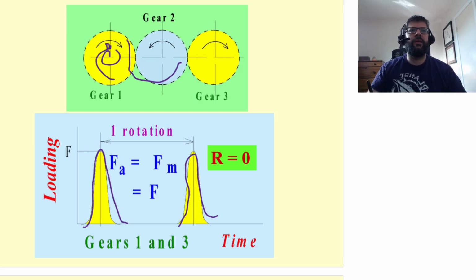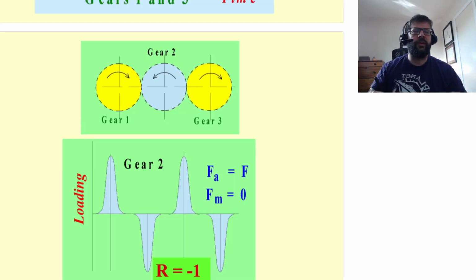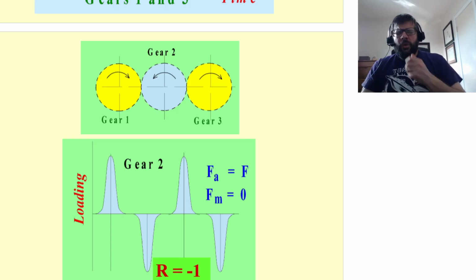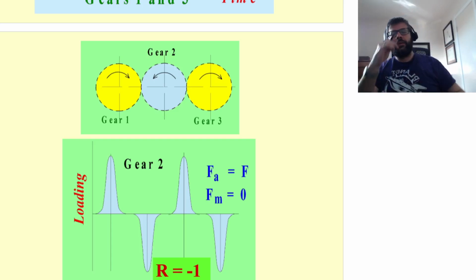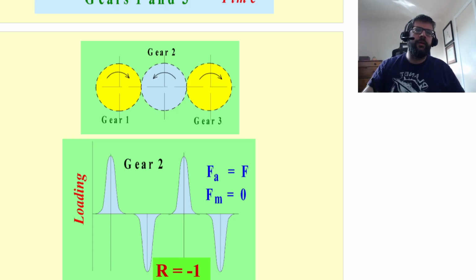Then on this gear and on this gear, the stress distribution looks like that. It's the gear in the middle, which is just transferring power from one gear to another, which you call an idler gear, where you're getting spikes.